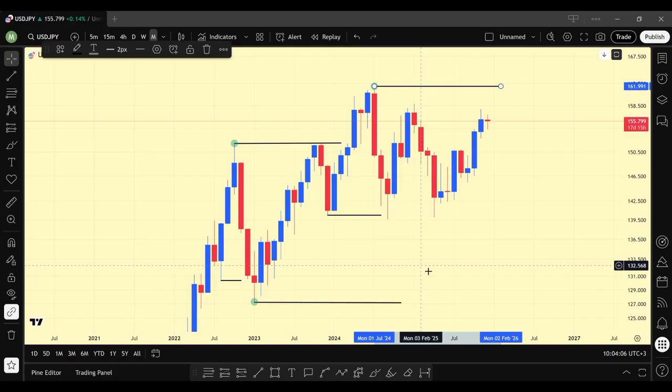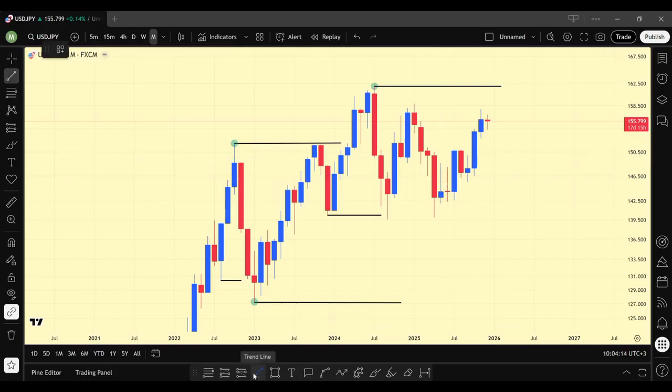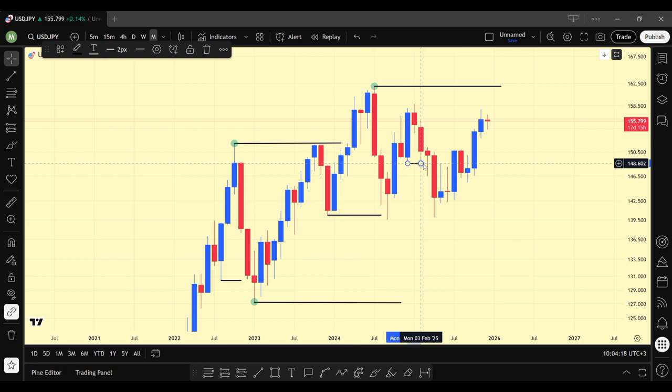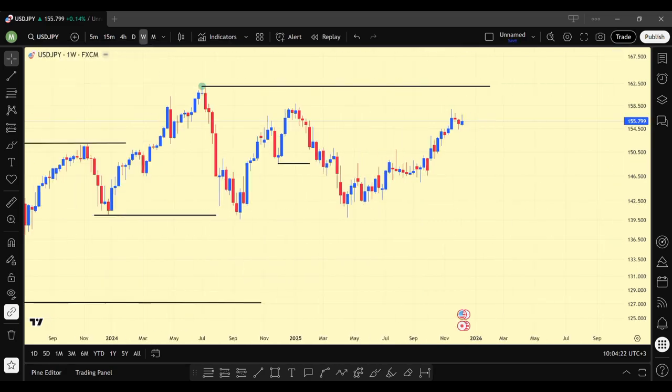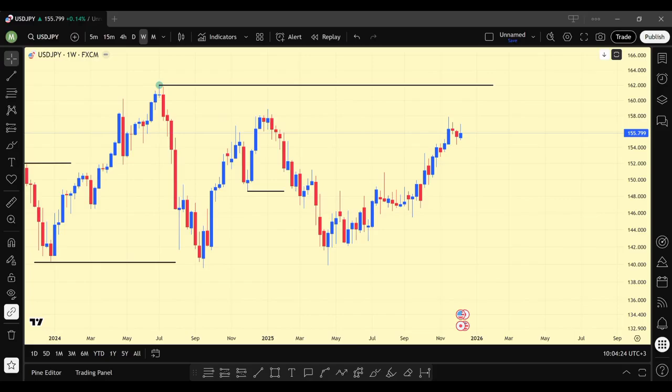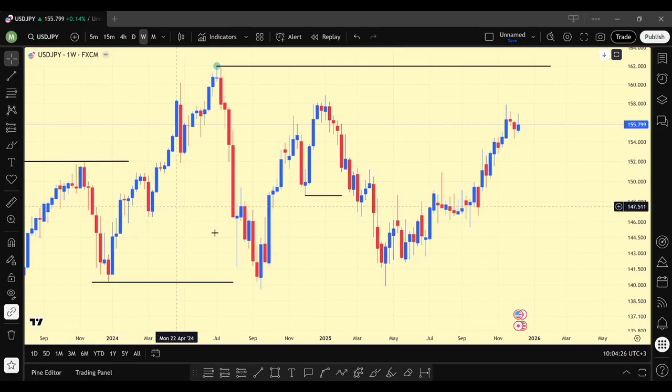All right, so that we can get much data, we need to shift to the weekly time frame. I can clearly see that there might be a fade of this inducement, but first let's get to the weekly. So exactly right here you can clearly see after the sweep, price made a break of structure.